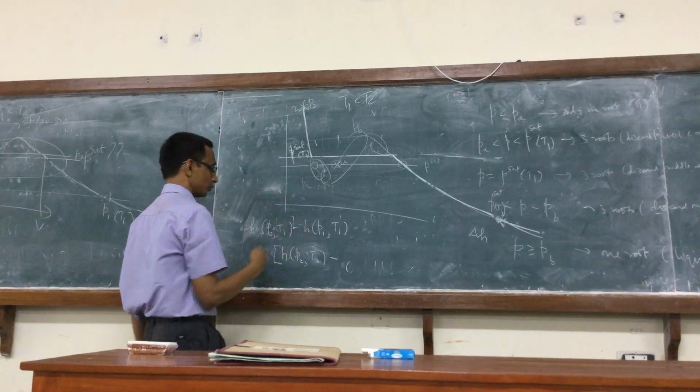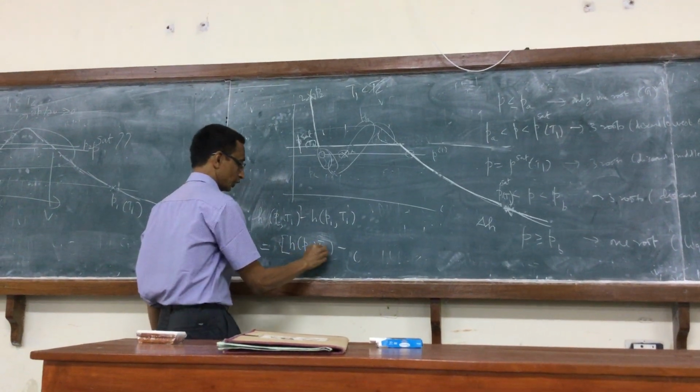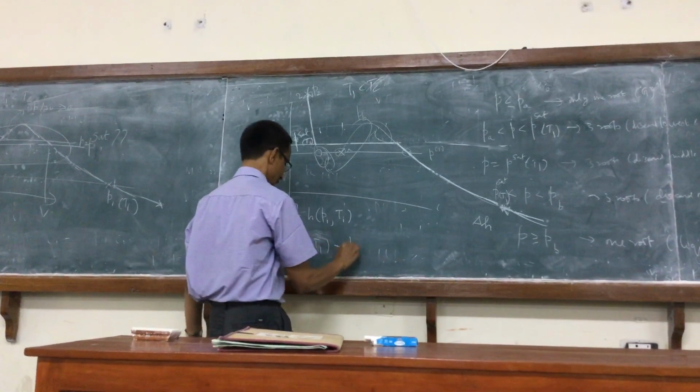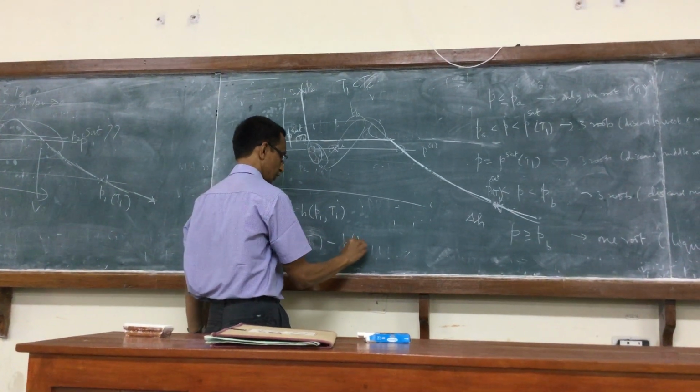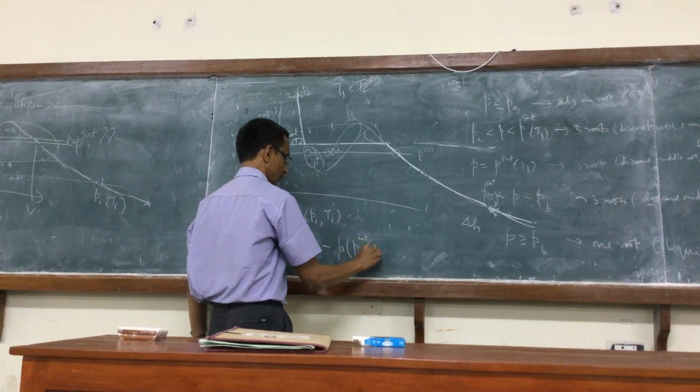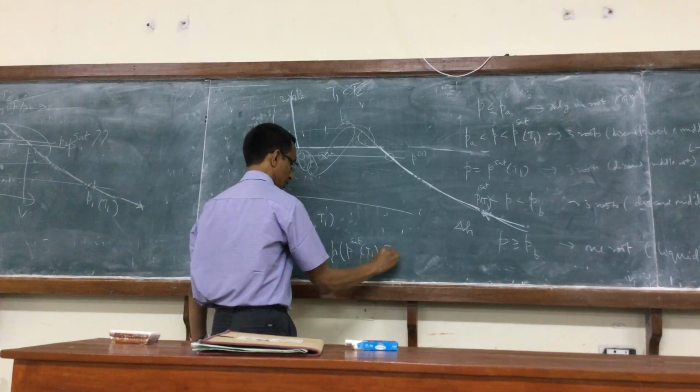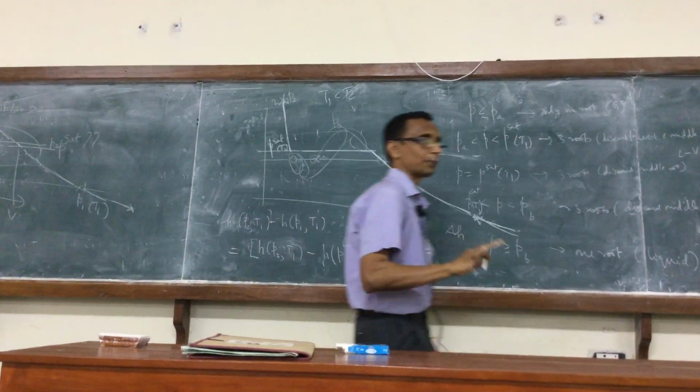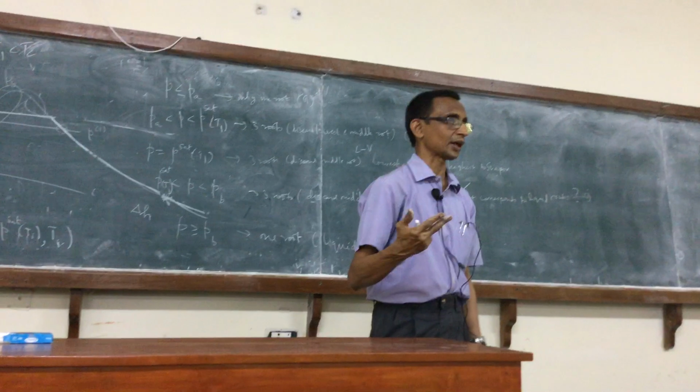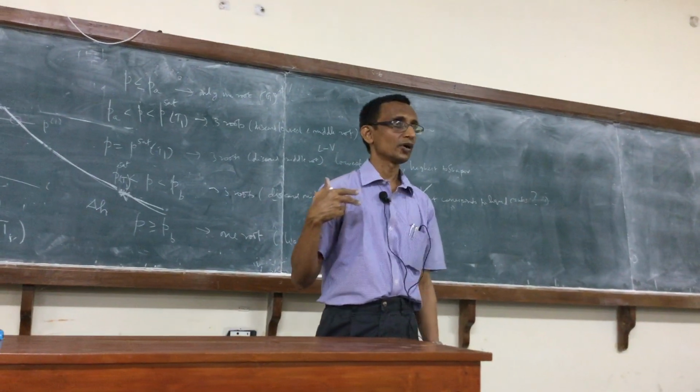Okay, I'm coming from here. It is P2 T1 minus H sat of T1, T1. Everything is at the same temperature. So this is the first step towards handling change of phase.